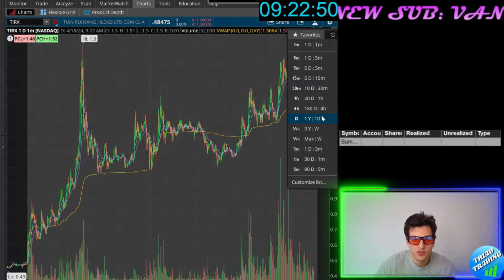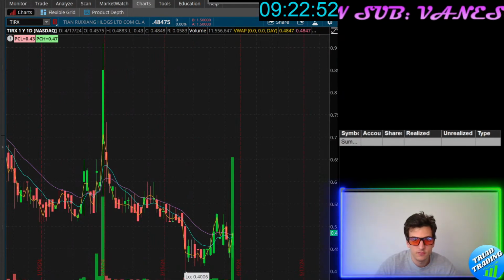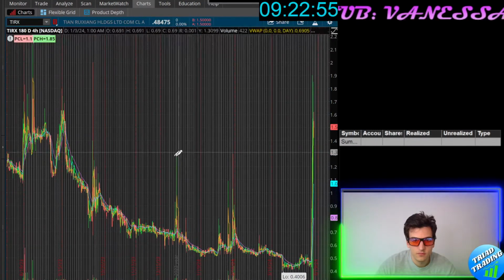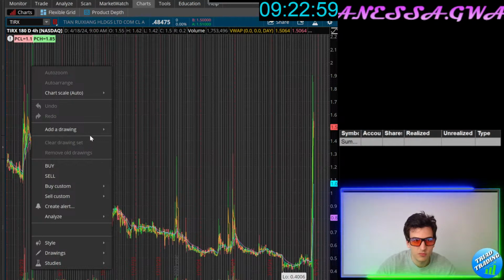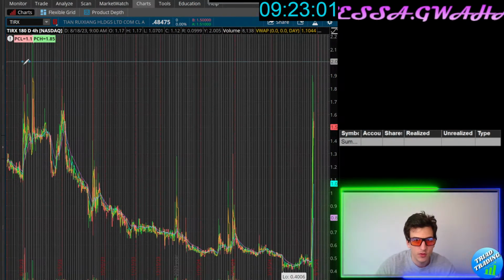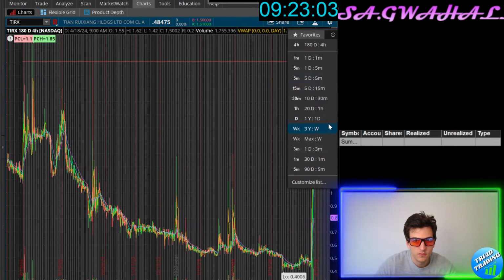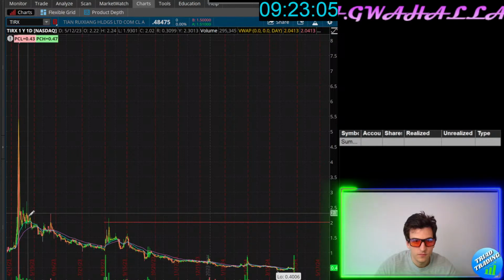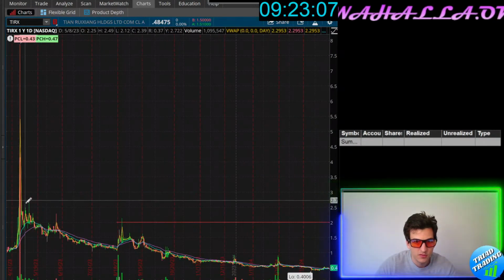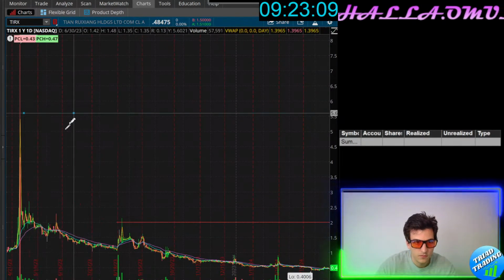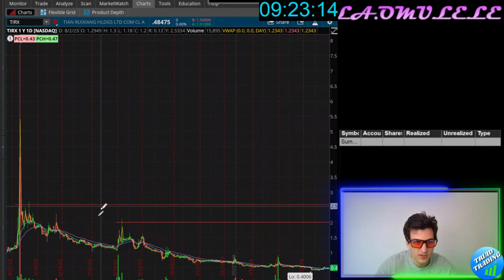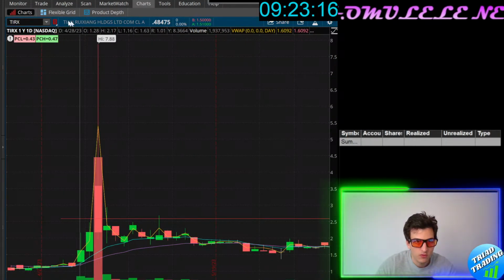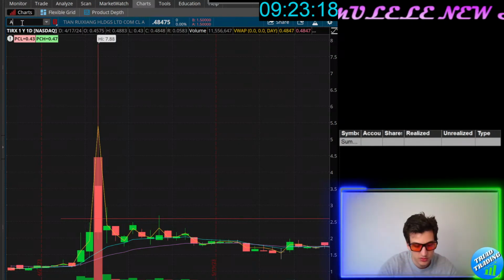Take a look at the daily chart. So it looks like we cleared out some levels here. Looks like there's going to be some resistance up here as well, around 2. Yeah, so we're going to have some resistance in this area. Looks like it has made a decent move before, so definitely keep it on watch.